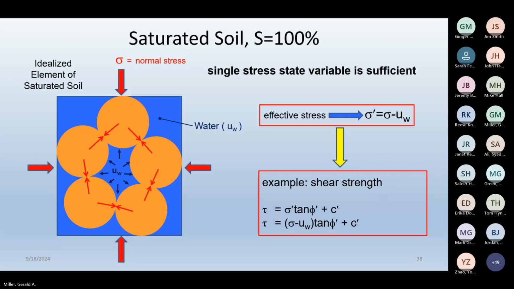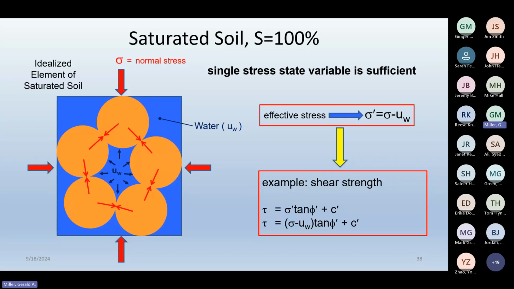So in saturated soil, it's been pretty well established that the Terzaghi effective stress equation describes the stress state appropriately and can be used to estimate mechanical behavior using constitutive relations involving that effective stress variable.